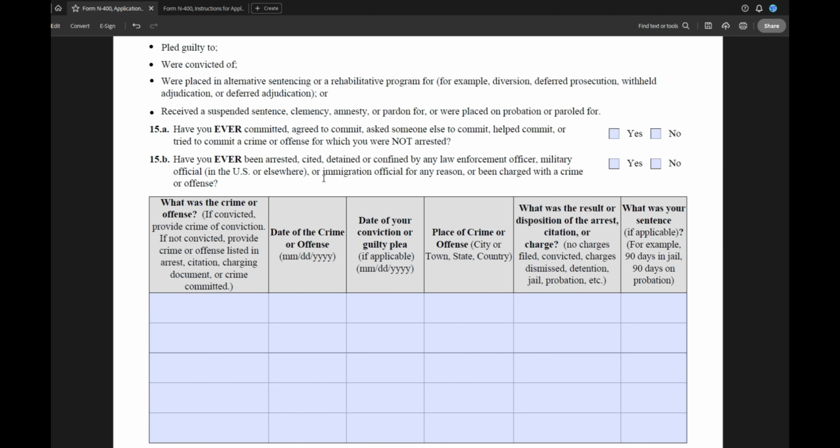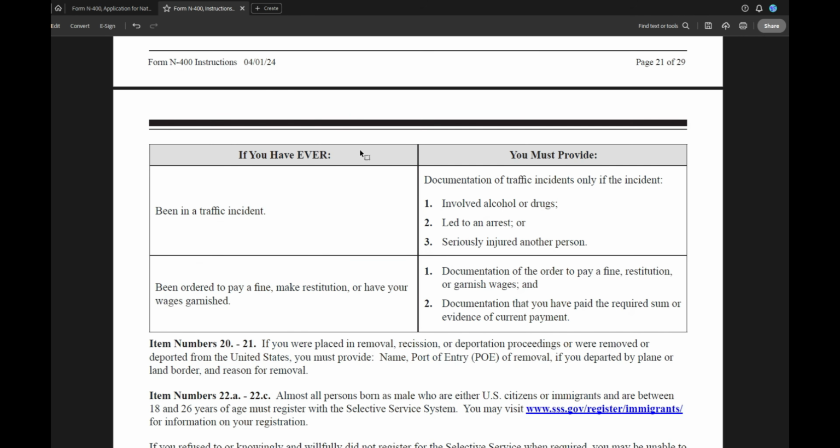One of the questions that is very common in this part of the form is being in a traffic incident. You only need to provide documentation of traffic incidents that involved alcohol or drugs, led to an arrest, or seriously injured another person.